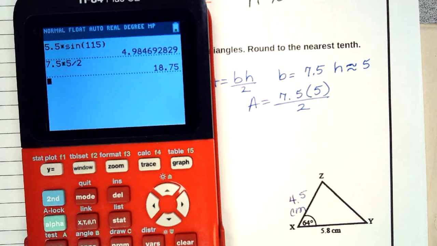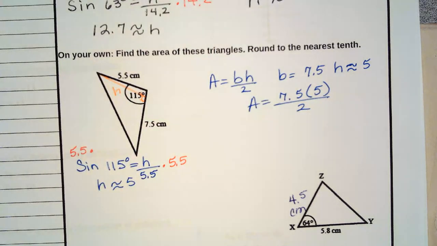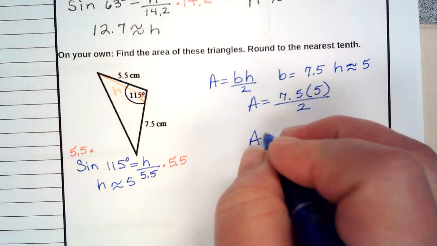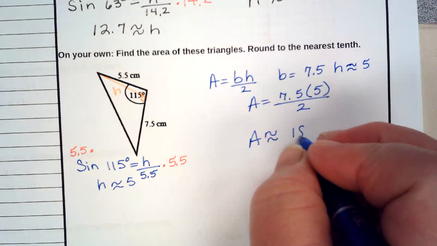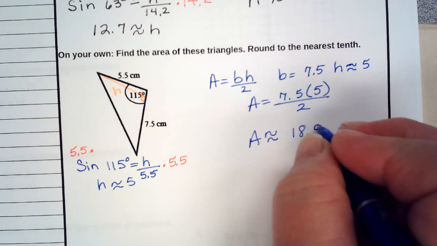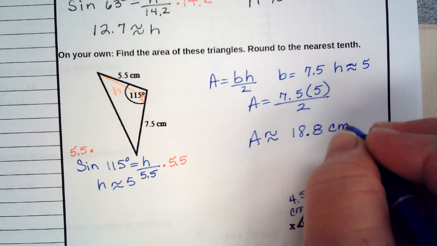And it's 18.75. Area is about 18.8 centimeters squared.